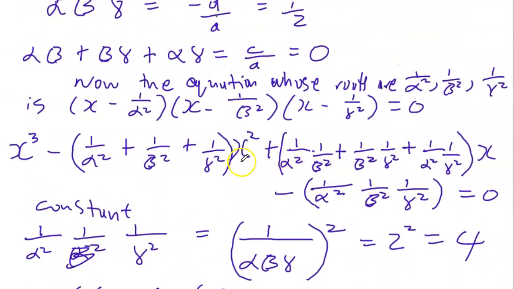Here it was. Notice the constant was 4. Let's make a note of that. The constant was 4. So it's x cubed, and this bracket would be minus 4, because whatever you have in the bracket there came to 4.